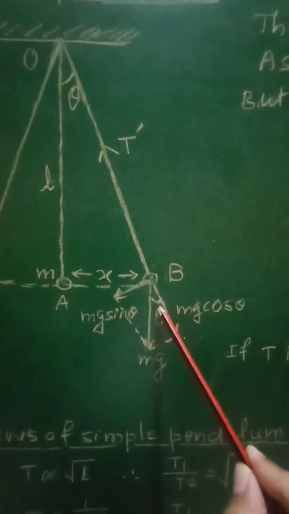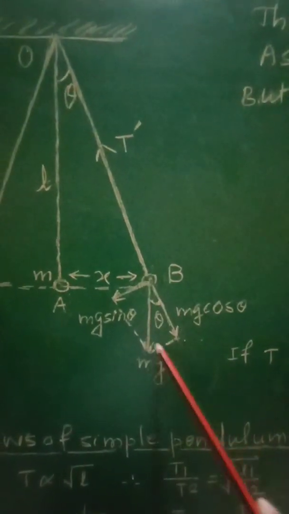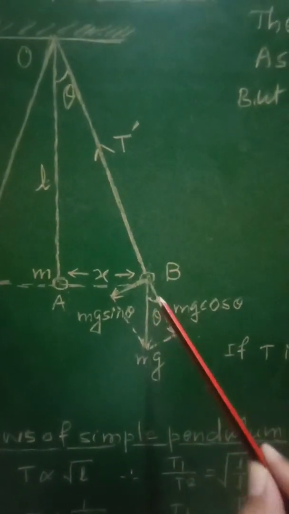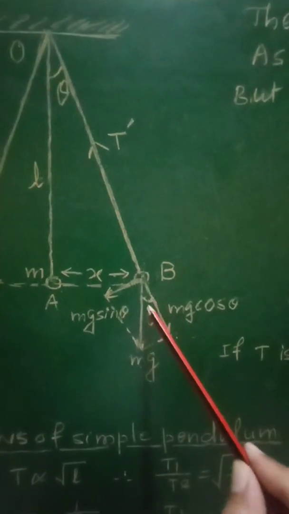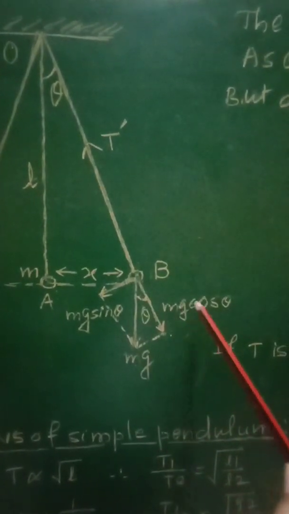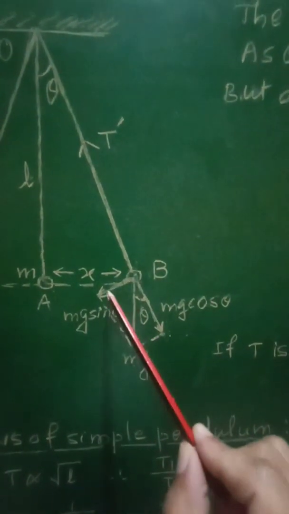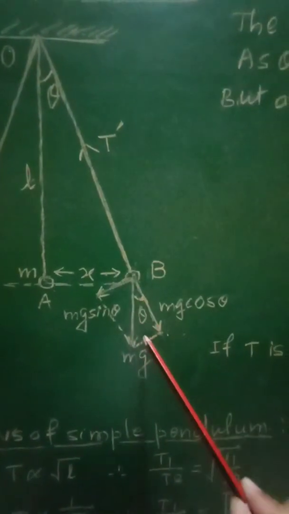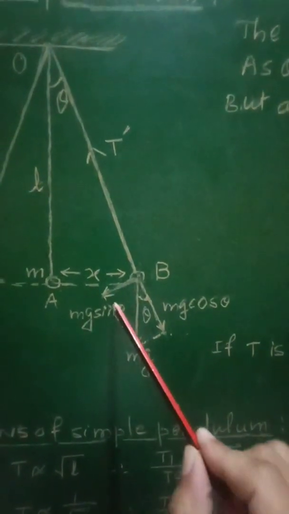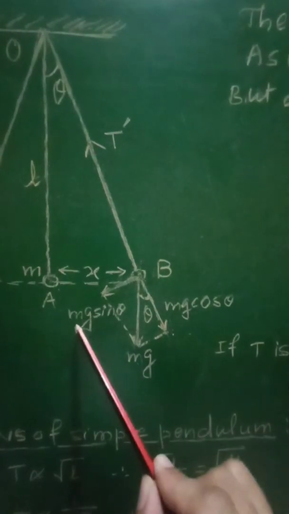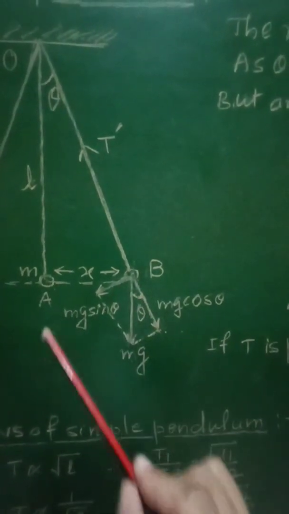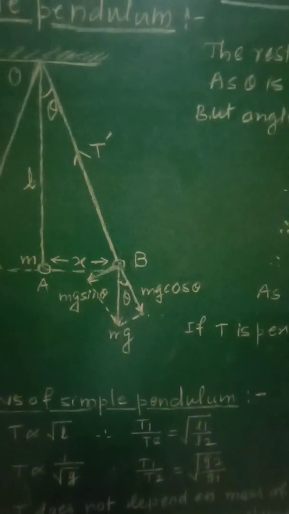From this triangle, this will be the adjacent side to the angle theta, and therefore it will be mg cos theta. This will be the opposite side, and therefore this component will be mg sin theta, which is directed towards the mean position.